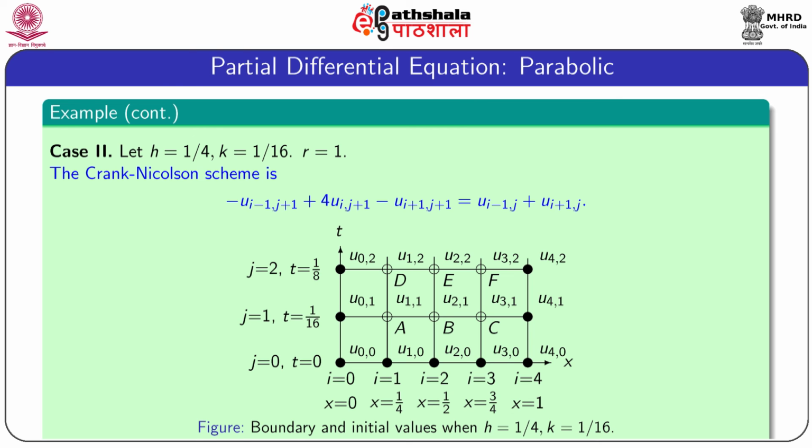In this diagram we see that the values of u are to be determined for the mesh points A, B, C and the mesh points D, E and F. First we calculate the values of u for the mesh points A, B, C by generating a system of equations, and depending on these values we calculate the value of u at the mesh points D, E and F.